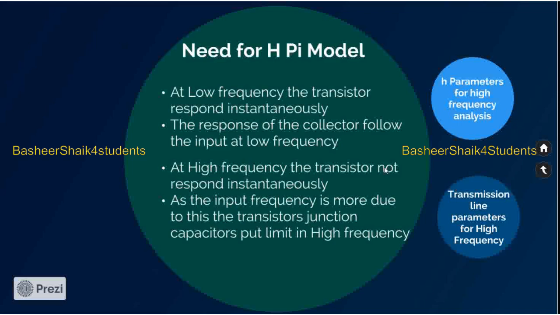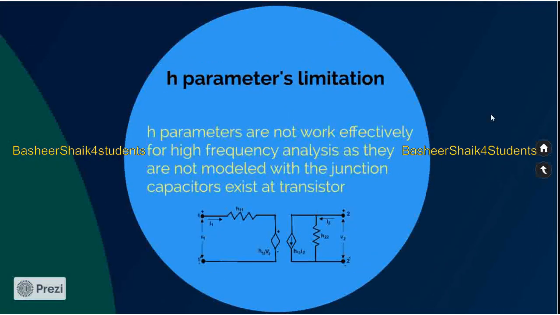Now we move towards the limitations of using H parameters at high frequency. The H parameters become volatile at high frequency values, and moreover the H parameters do not have any capacitive representation while we are discussing transistors. So analyzing the transistor using H parameters is complicated.